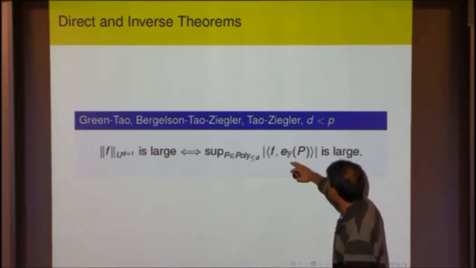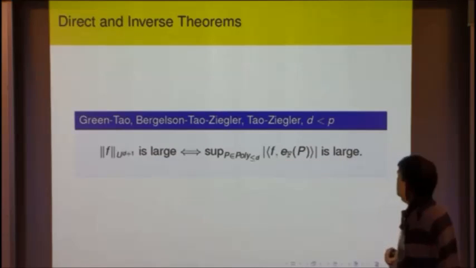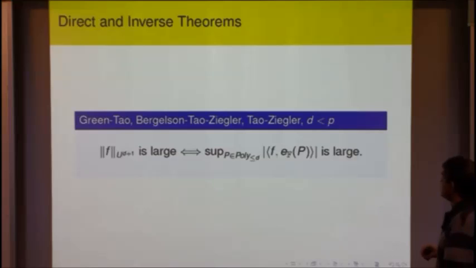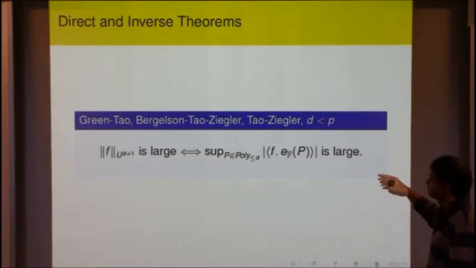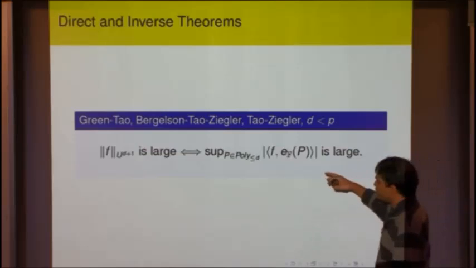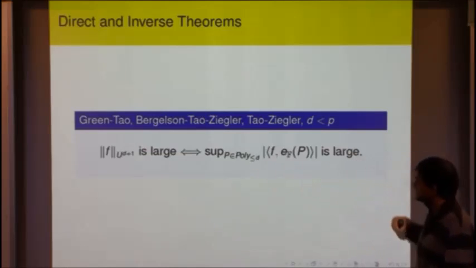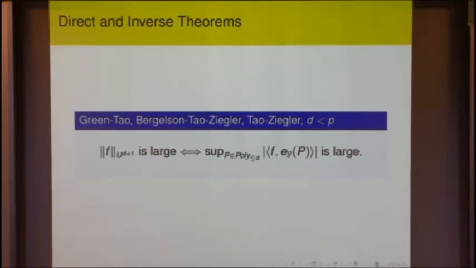If you have a function which is correlated with polynomials of degree at most d, then it's actually straightforward from the definition of the Gowers norm that the (d+1)th Gowers norm is large.